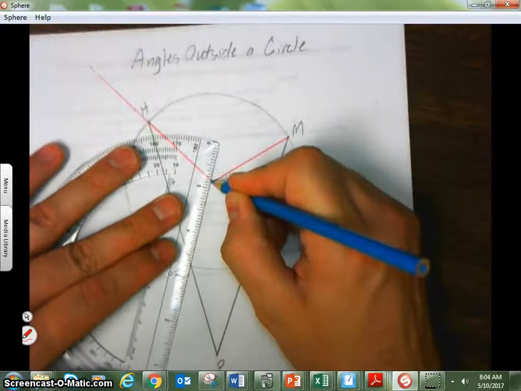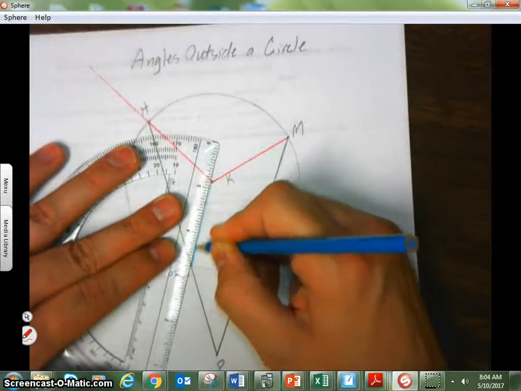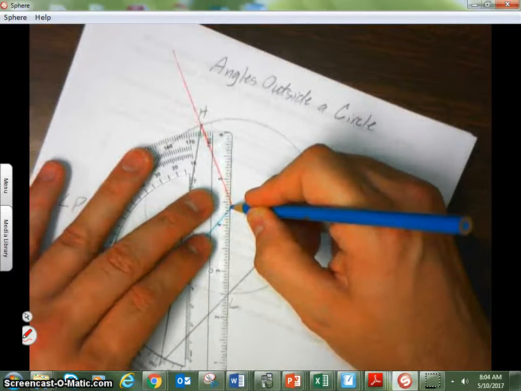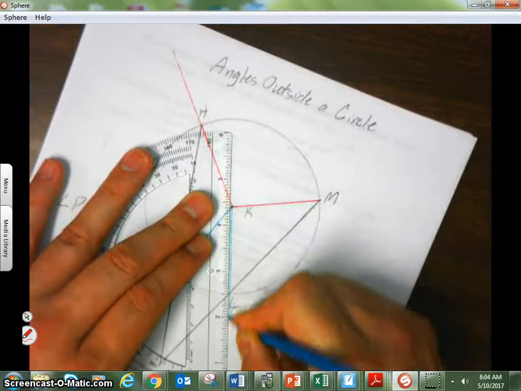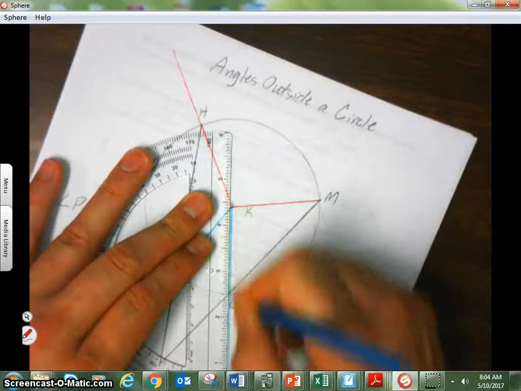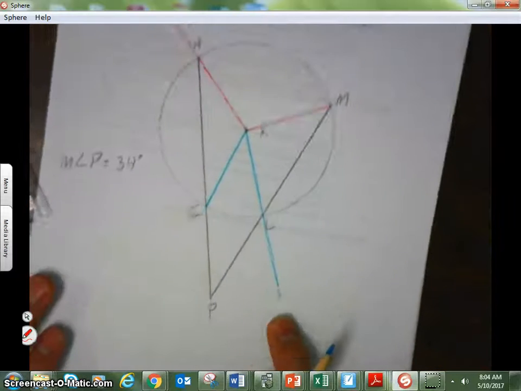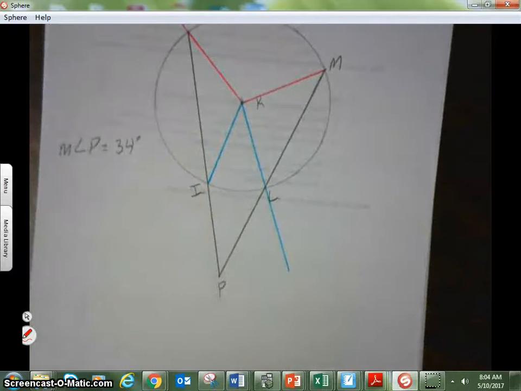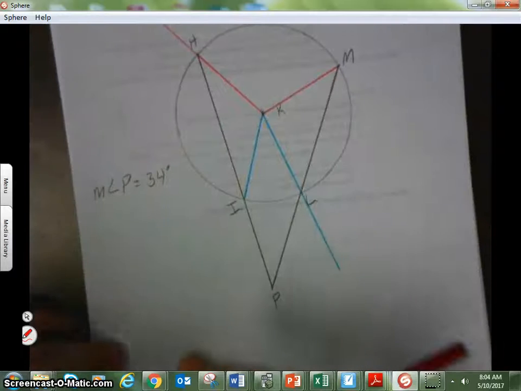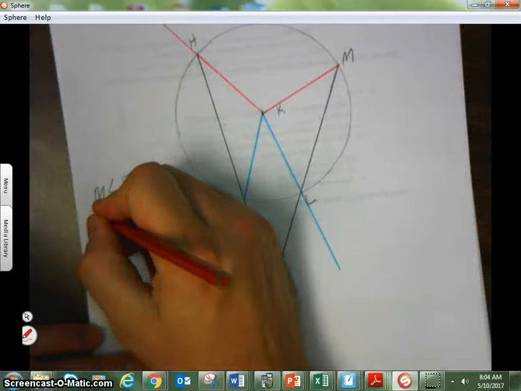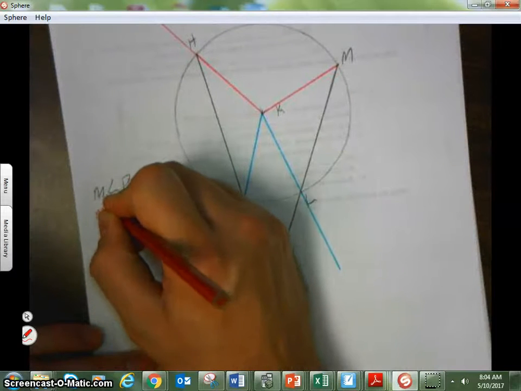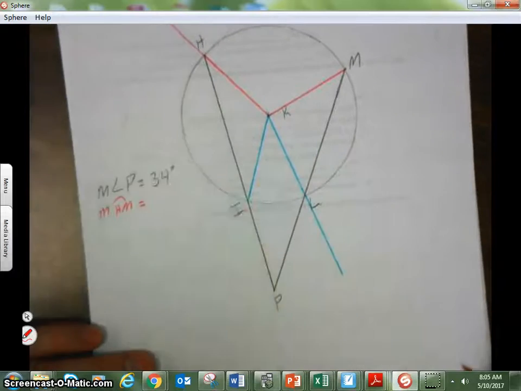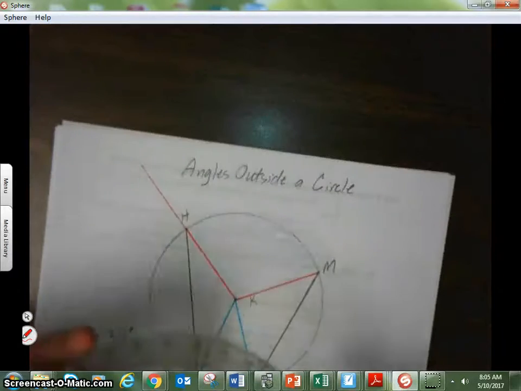And here I'm going to add this arc, or I'm sorry, this central angle. And I'm going to do the same thing here. I'm going to make this one just a little bit longer than it really needs to be properly, so that way I have it just big enough so that I can measure it. So let's find the measurements of these arcs. The measurement of arc HM. What does it equal?